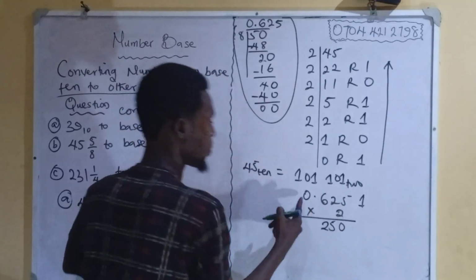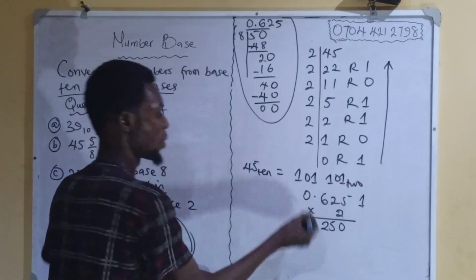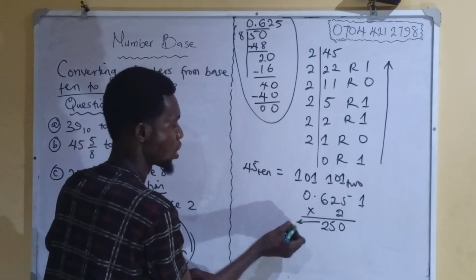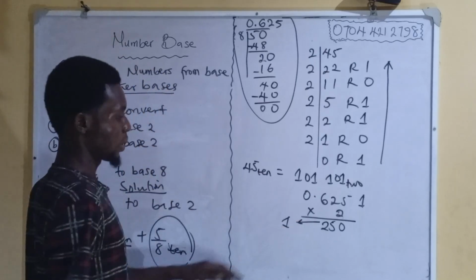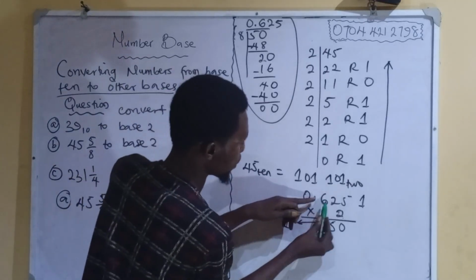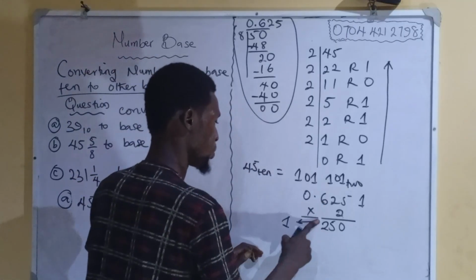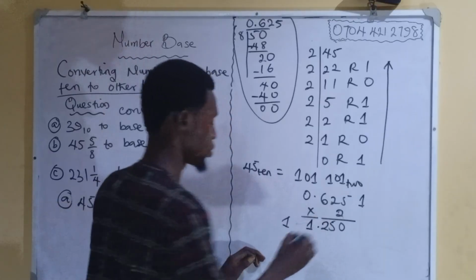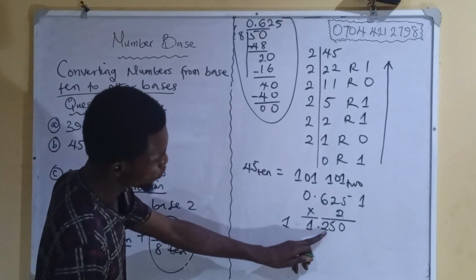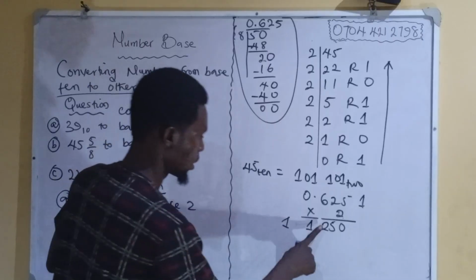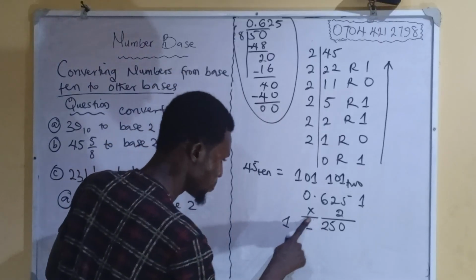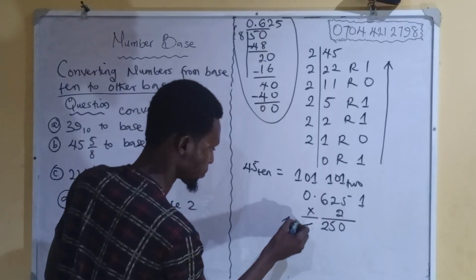The next number, we have one number that will become a whole number, so what we do is that we keep that one. If you use your calculator, it will give you 1.250. So what you do is that you keep the whole number.